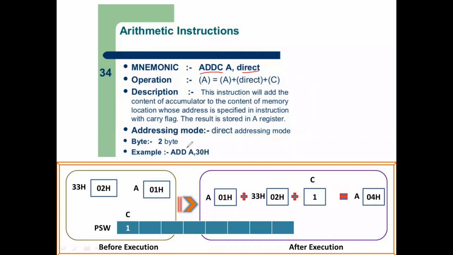Direct is nothing but the address. So we take the content of that address, plus the accumulator, plus the carry, right? Before execution, you see this is the value. After execution, the result is stored in the accumulator, that is the addition of these values, which is 04.